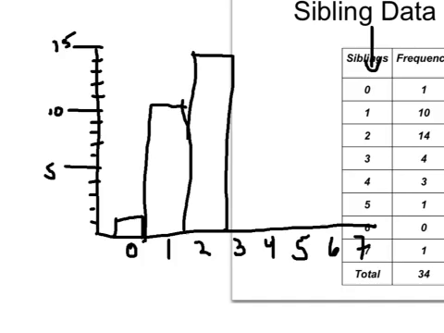And for 3, we have a count of 4, so we just go up to a height of 4. And for 4, we have a count of 3. For 5, we have a count of 1. For 6, 0, so there's no height.